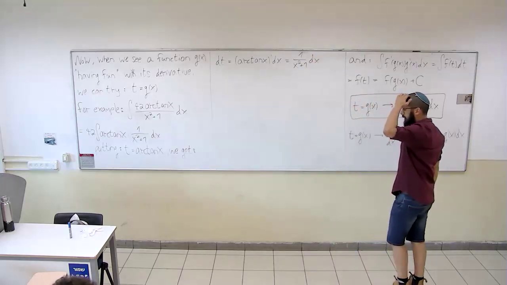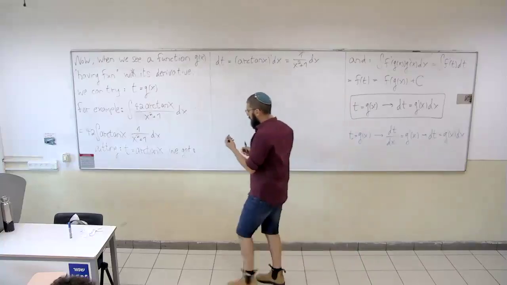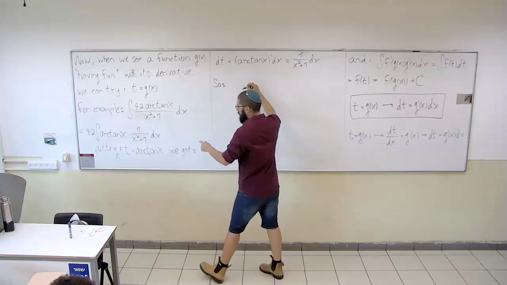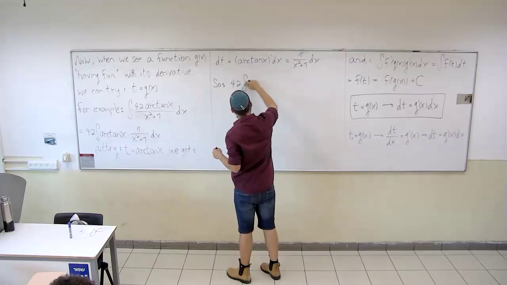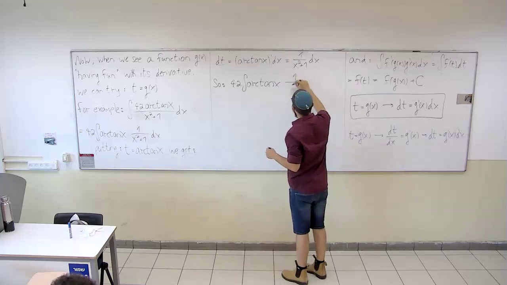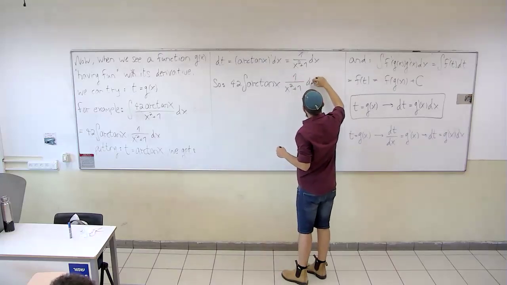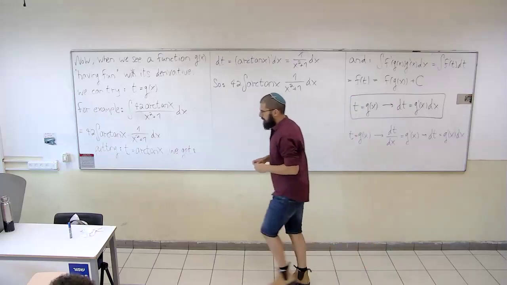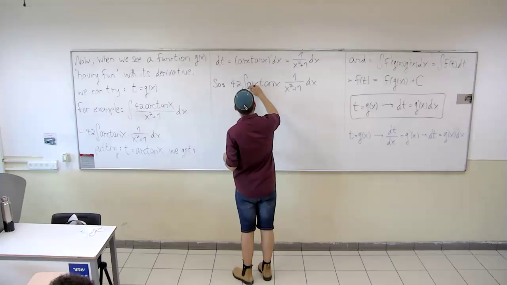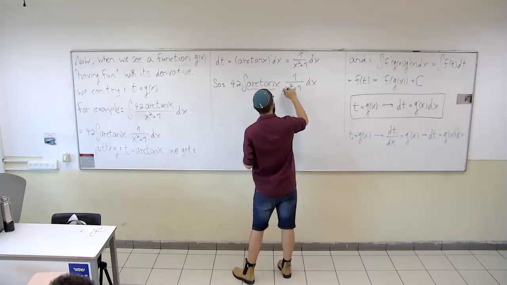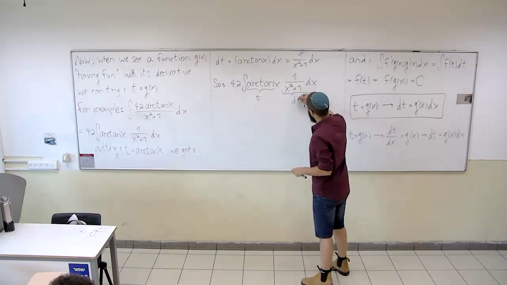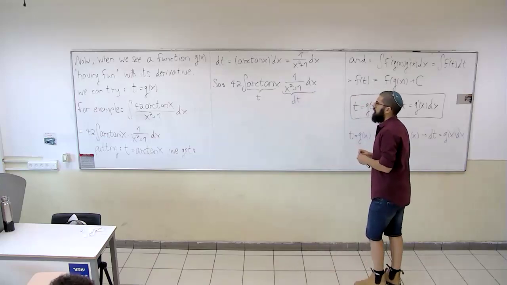And how convenient, in our integral 42 times arctangent x times dx over x squared plus 1, arctangent x becomes t, and we sacrifice it and summon dt.